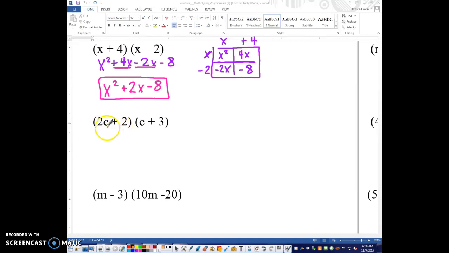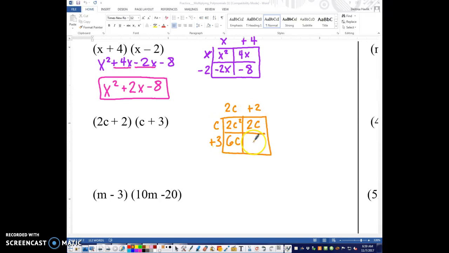All right, next problem. It's another 2 by 2. So on top we have 2c plus 2. And to the side we have c plus 3. 2c times, remember invisible 1, c is 2c squared. 2c times 3 is 6c. 2 times c is 2c.